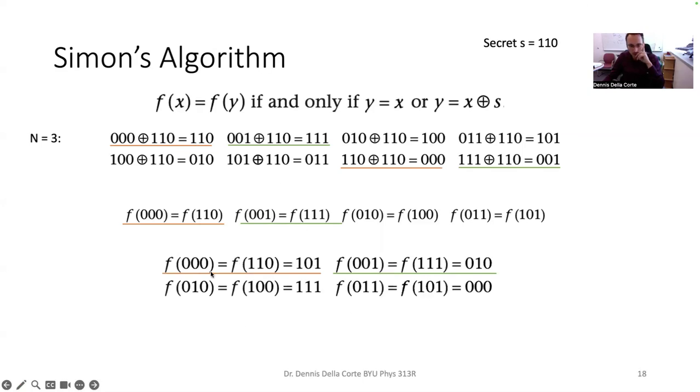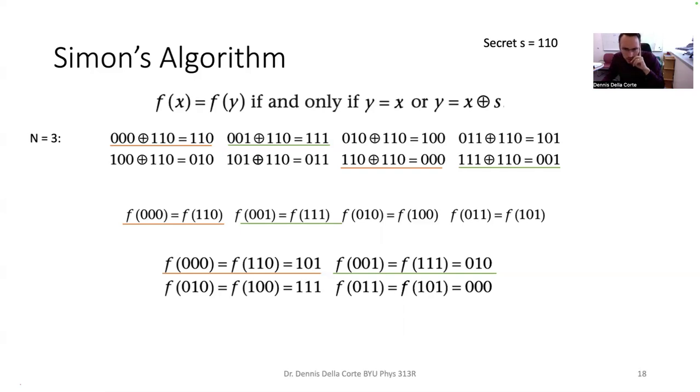And you can rewrite them again just to remember that f of 00 is going to be the output 110. Or f of 001 is going to be the same as 010.